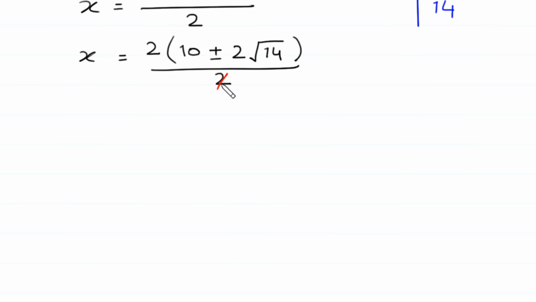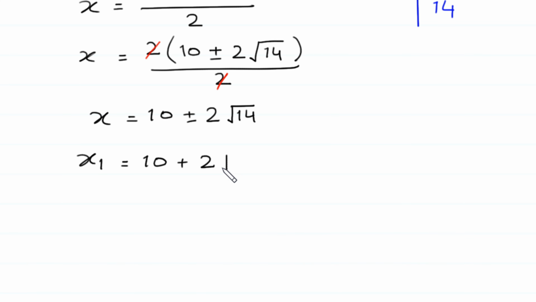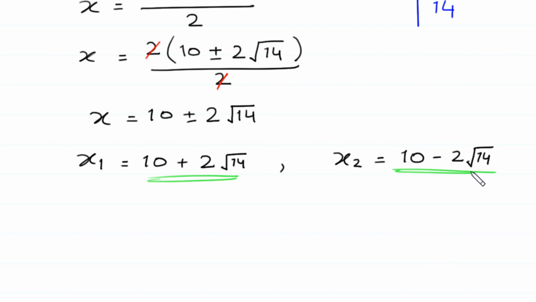Next, this 2 will be cancelled with this 2 and x is equal to 10 plus minus 2 times square root of 14. So from here x has two values. x1 is equal to 10 plus 2 times square root of 14 and x2 is equal to 10 minus 2 times square root of 14.